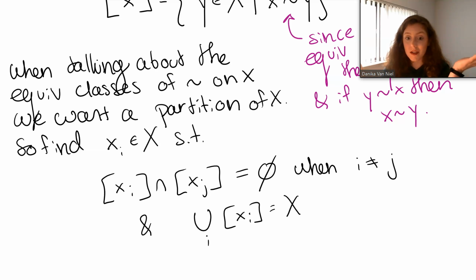Maybe it has 2 equivalence classes, so you need to find 2 elements, an xi and an xj.